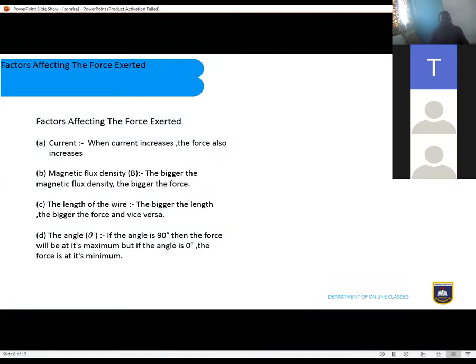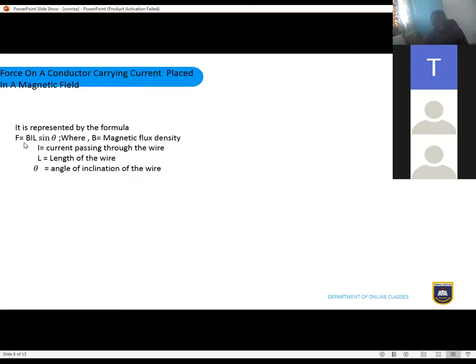And now let's come to the angle theta, which is also included in the formula. If the angle is 90 degrees, we are going to have F equals BIL sine 90. Let's go back: the formula is F equals BIL sine theta, and let's assume theta is 90. And sine 90 is 1.